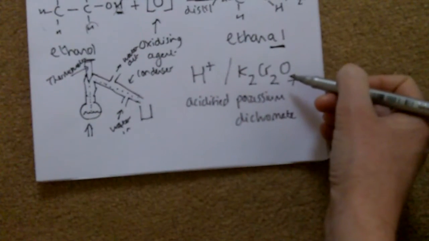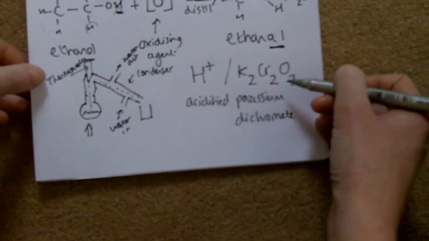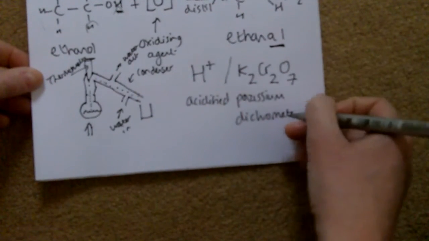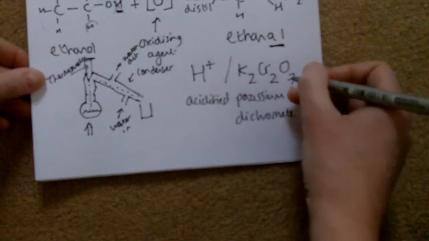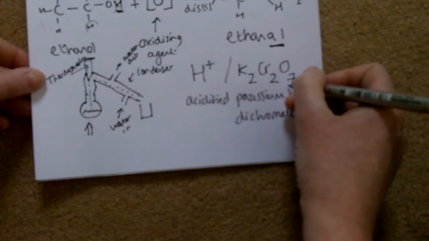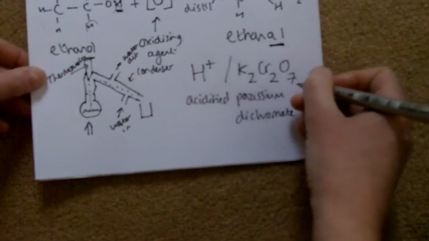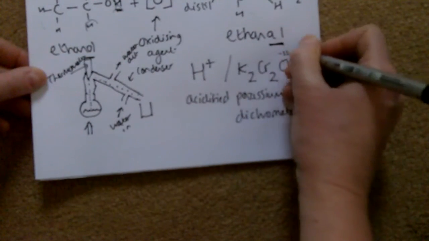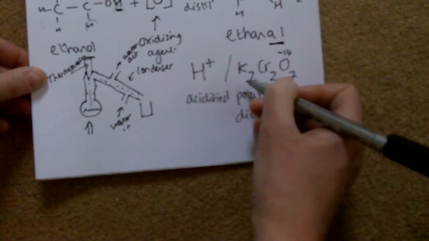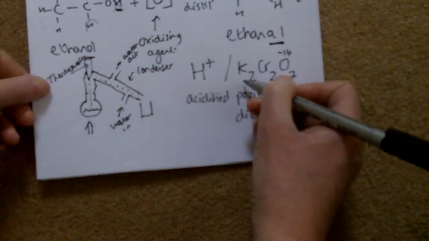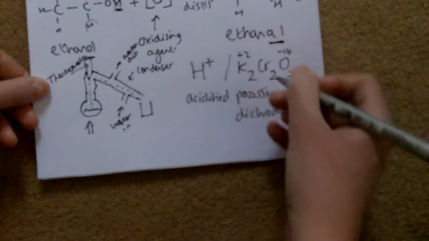Chromium can have different oxidation states, so you've got to be able to work it out for each one. What's the oxidation state of chromium? Okay, well, if oxygen is -2, and there are 7 of them, oxygen is -2, that's -14. Potassium is in group 1, so that's oxidation number +1, and there's 2 of them, so that's +2.